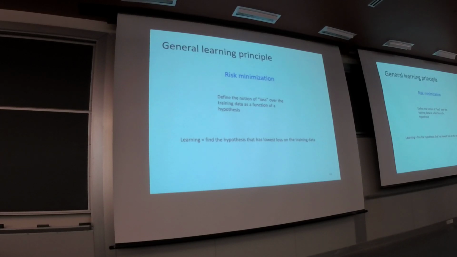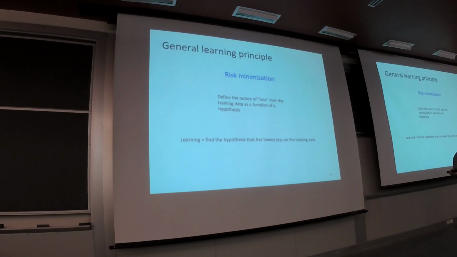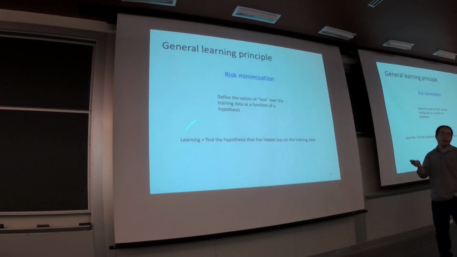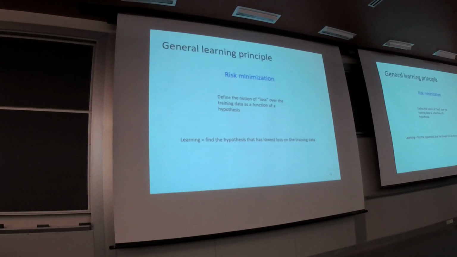If you make a wrong prediction, we need to punish you. We define such a loss over the training examples. And then our learning objective is just the summation of the loss over the entire training examples. The learning procedure is to find a classifier or hypothesis that has the lowest loss on training data. This is the first strategy. Question is, is this strategy okay? What's the potential problem of this strategy?